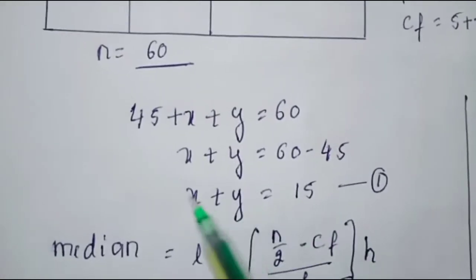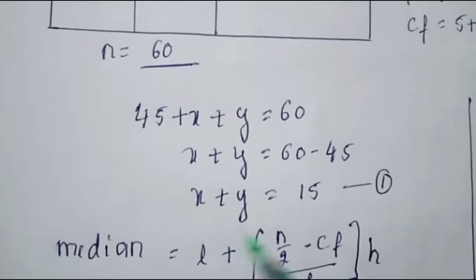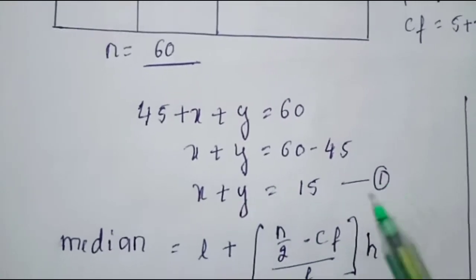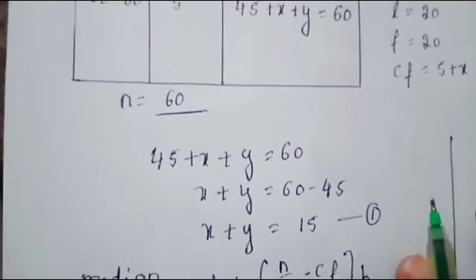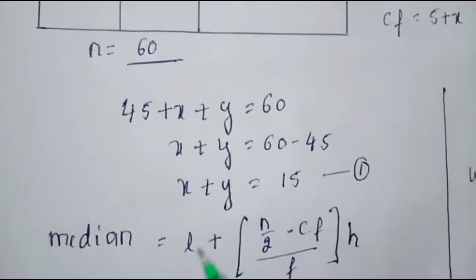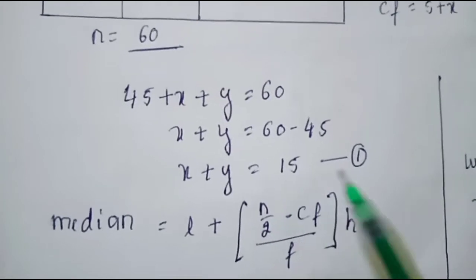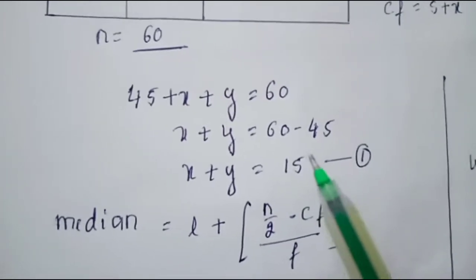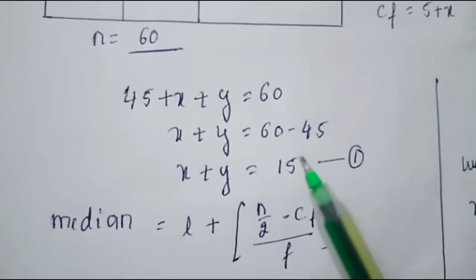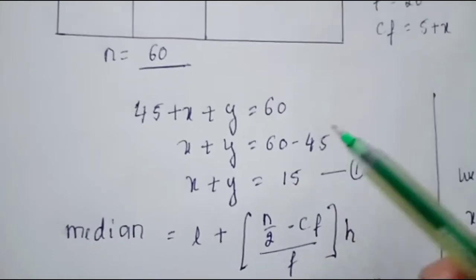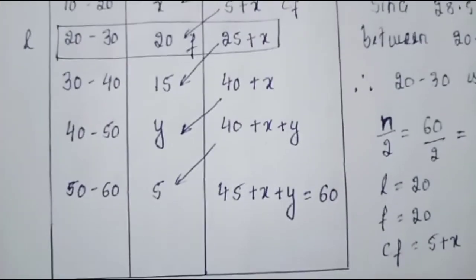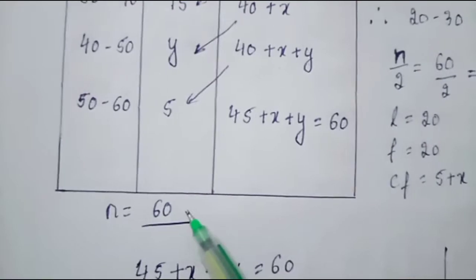But I cannot find x and y with only one equation. So let us find the median now. As you know, to find the median using the formula, the median is already given, we need the median class. Note this point, it is very important. In question number 1, we found the median class with the help of the value n.